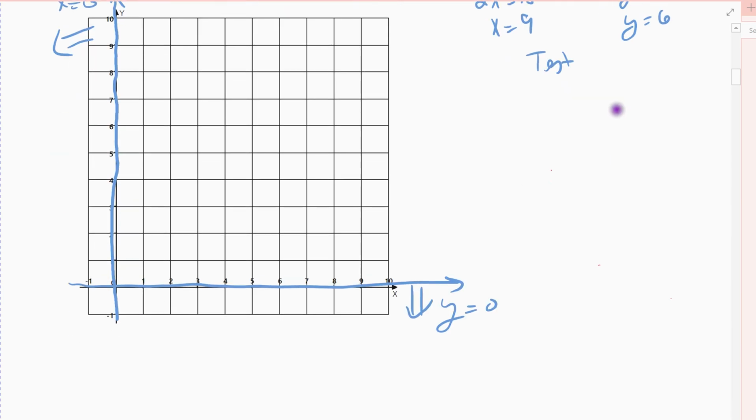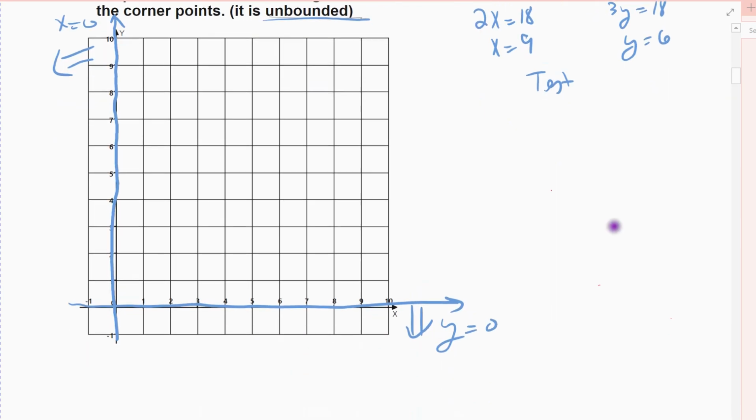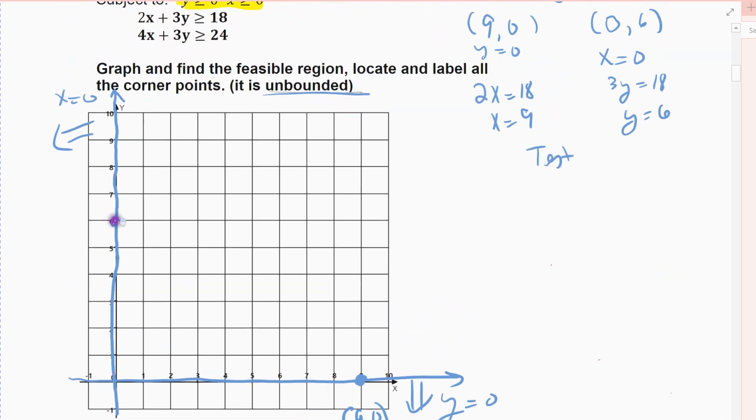So I'm going to graph my points. (9, 0) puts me here. There's my (9, 0). And (0, 6) puts me there. Then I'm going to try to draw as best as I can between my two points.